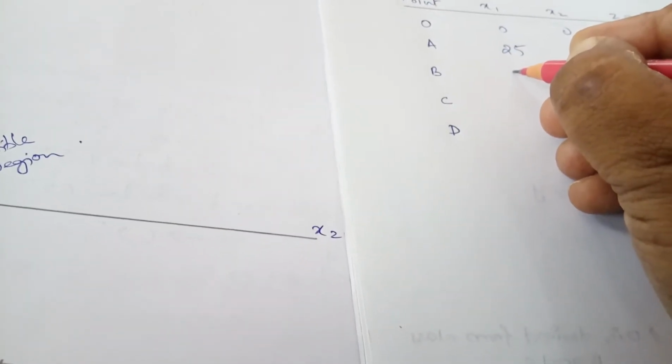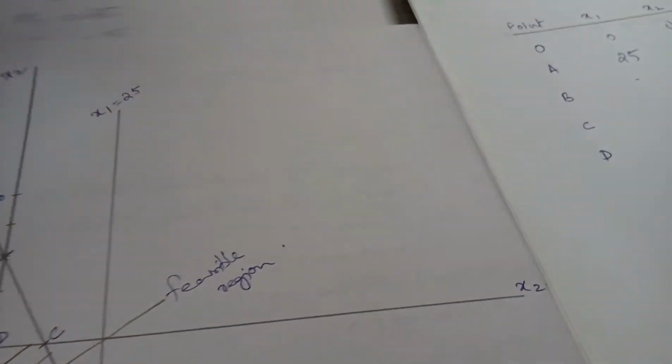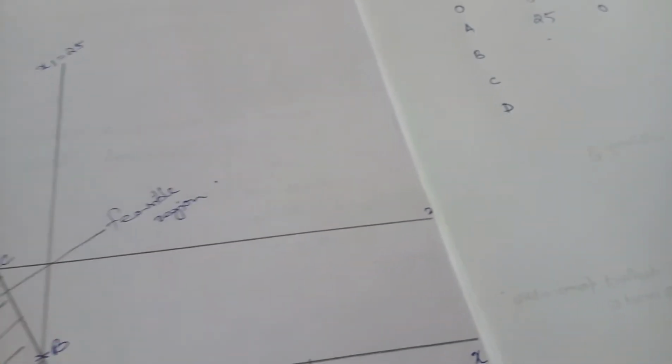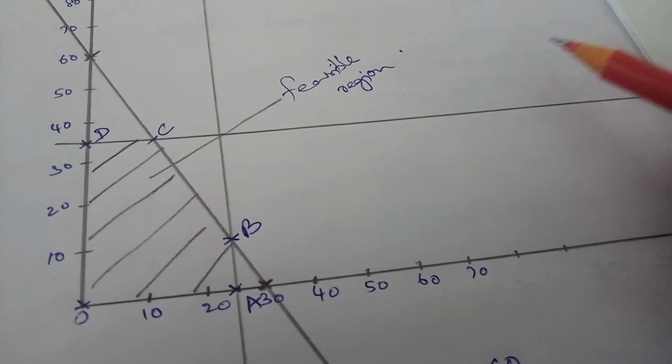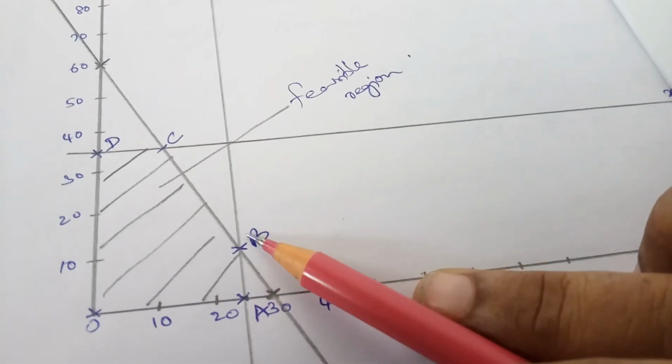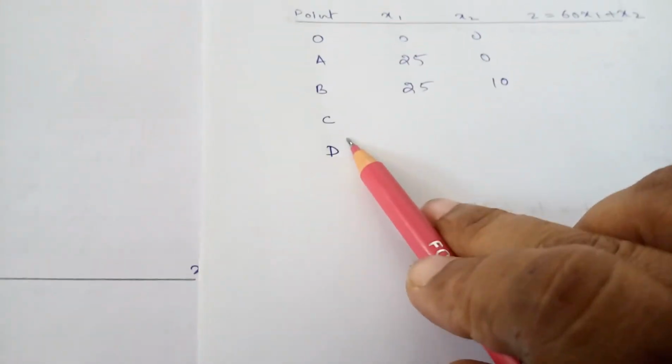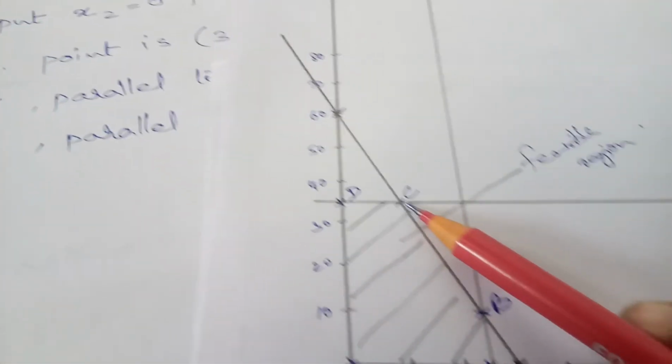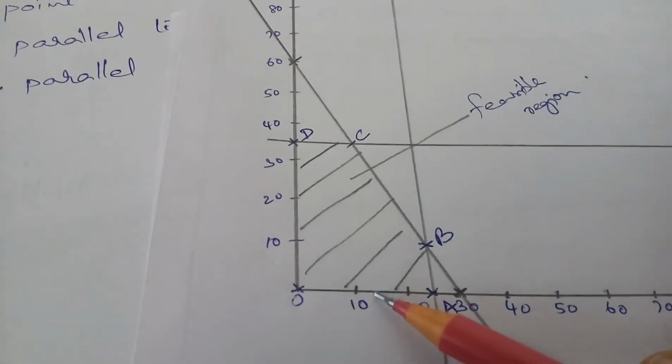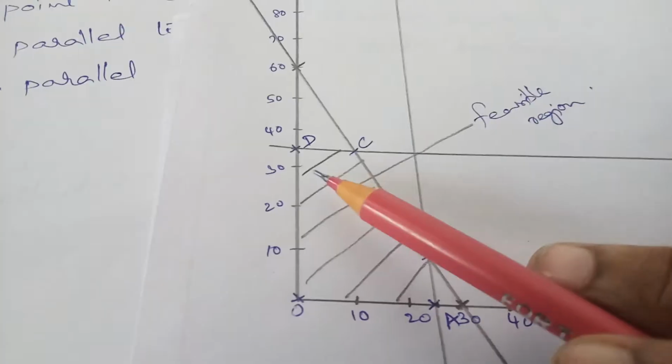B is this one: x1 is 25 and x2 is 10. For C, x1 is 12.5 and x2 is 35.